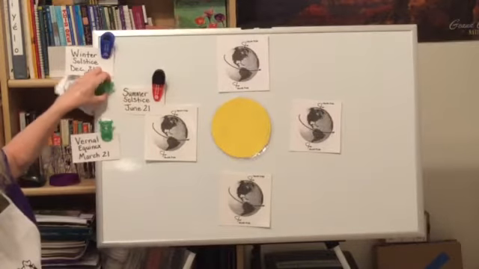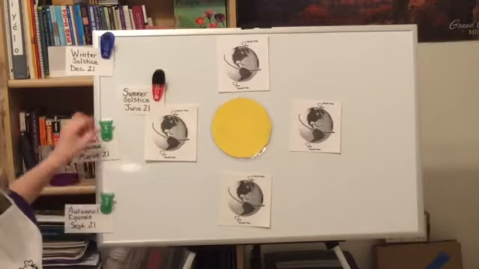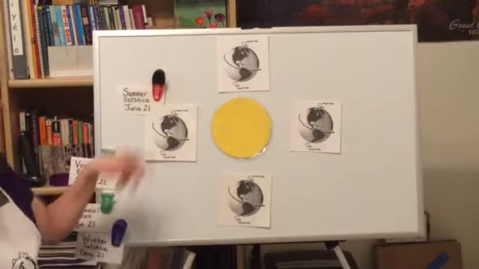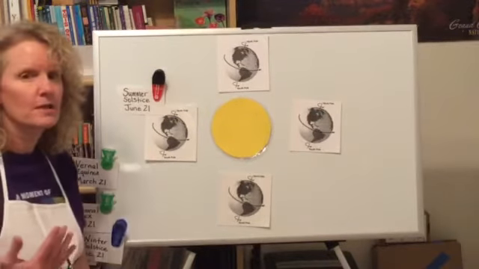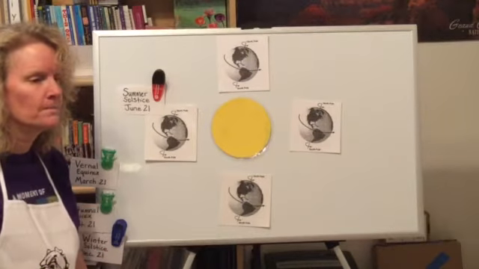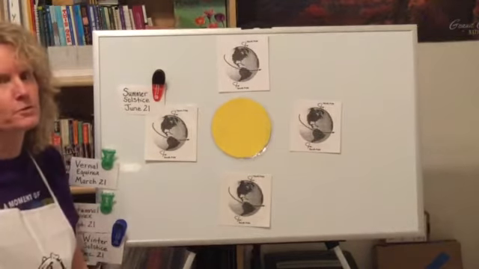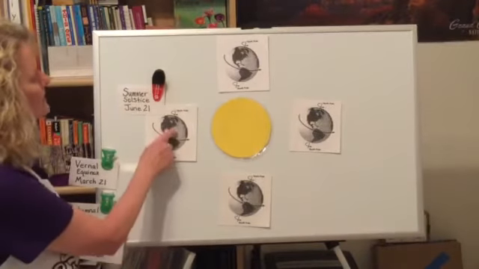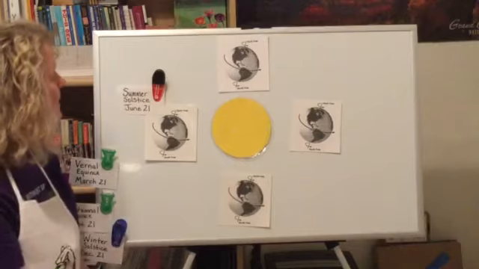Now when we're talking about seasons, and we're just talking one-on-one together, I may not say northern hemisphere, but if I don't specifically specify southern hemisphere, I'm always going to be referring to the northern hemisphere. So if I point to this picture and I say, what season is this, Katie?